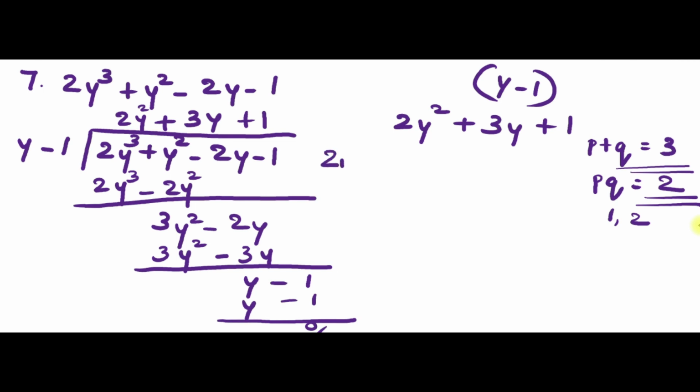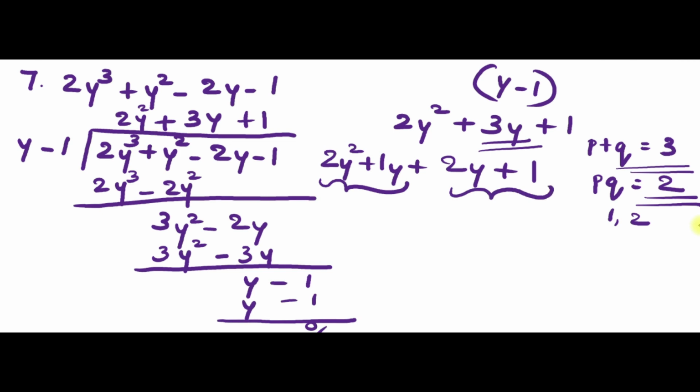So I can write it as 2y square plus 1y plus 2y plus 1. This 3y term only I am splitting, and the remaining terms I am writing as such. Then I am going to group this. Here I am taking the common term outside; only y is common, so I am taking y outside.